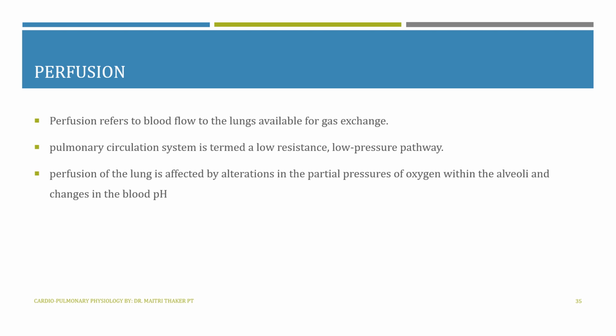The perfusion of the lung is affected by alterations in partial pressure of oxygen within the alveoli and also by changes in blood pH. So how much blood will go into our lung depends upon the oxygen level of the body and also the pH of the body.